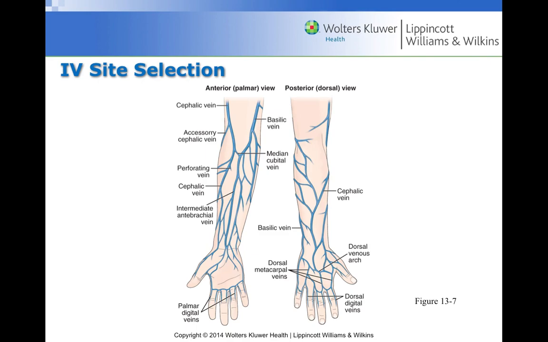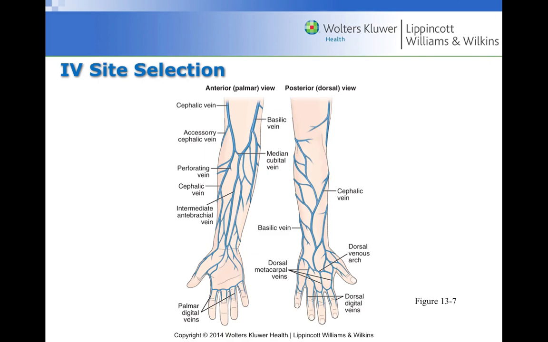So one thing I do want to point out is if you are choosing an IV site, many sites can be used, but ease of access and potential hazards vary. Veins of the extremities are designated for peripheral locations and are ordinarily the main site used by us as nurses.